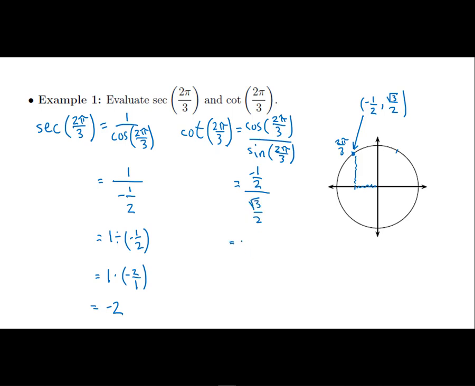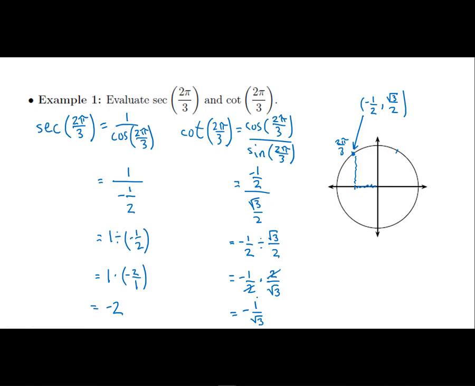And I'll go ahead and show a little more detail on this first example. So that's negative 1/2 divided by square root of 3 over 2, which is negative 1/2 times 2 over the square root of 3. And those cancel and give me negative 1 over the square root of 3.